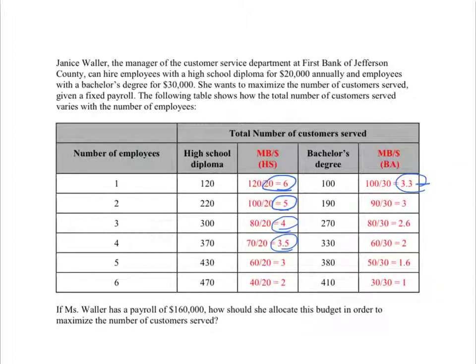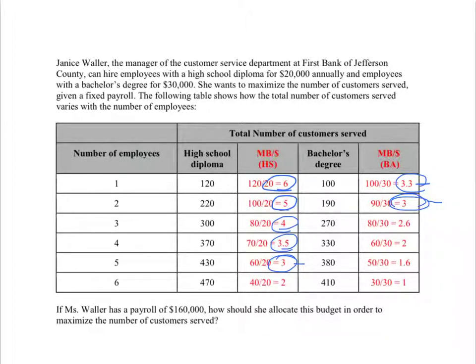Now we compare the fifth high school employee with the second bachelor's degree employee. They have an equal employees served per dollar spent. So what do we do? Well, we flip a coin. Maybe we hire the second bachelor's degree and then turn around and hire the fifth high school employee.